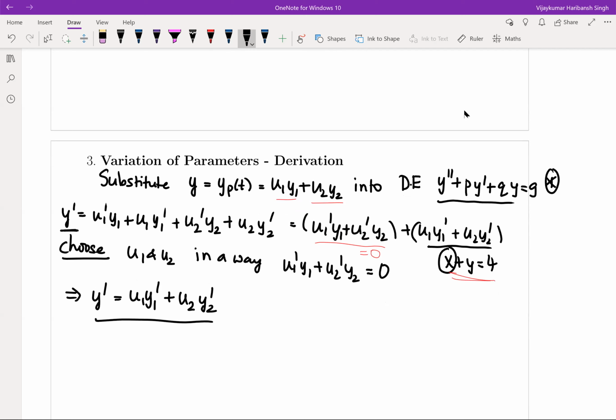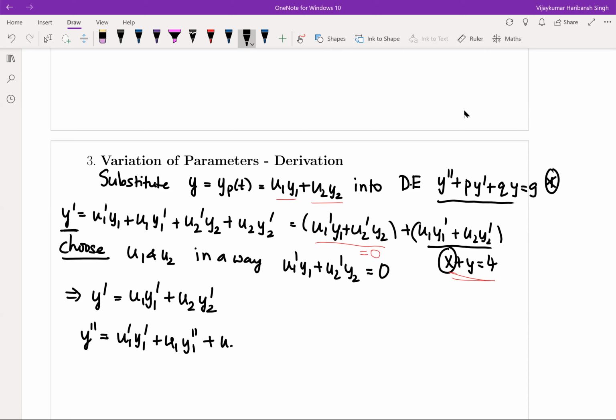So we need to find the second derivative of this. So let's find the second derivative. So y double prime, again, we have to use the product rule on each one of them. We have u1 prime y1 prime plus u1 y1 double prime.